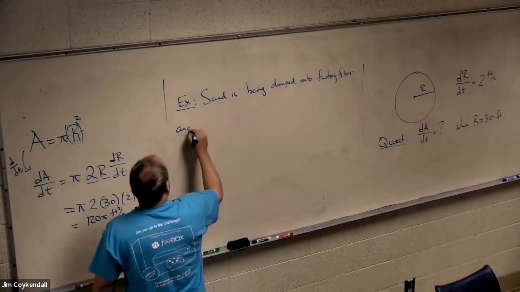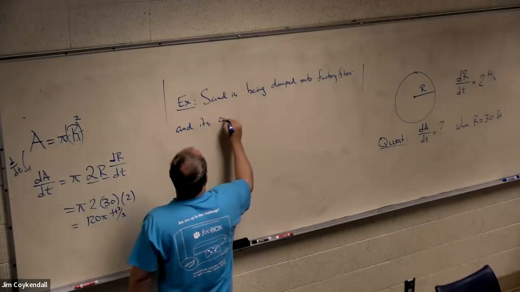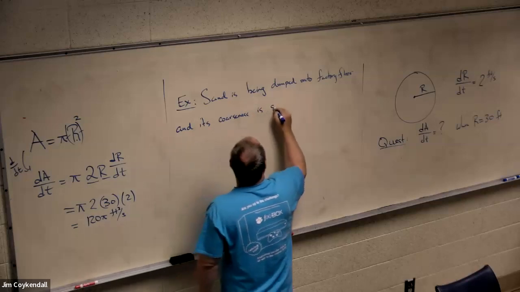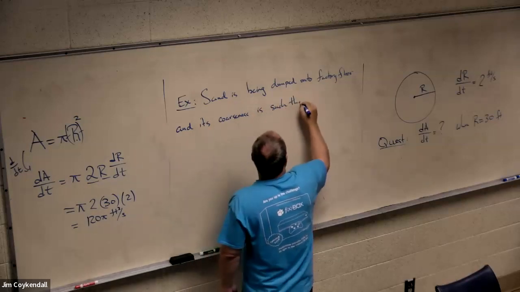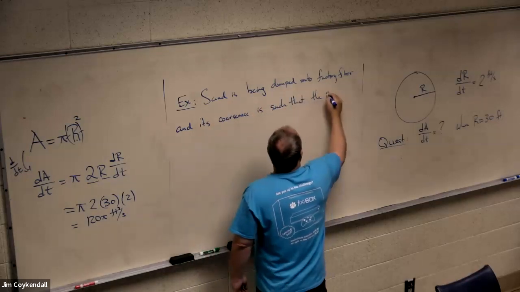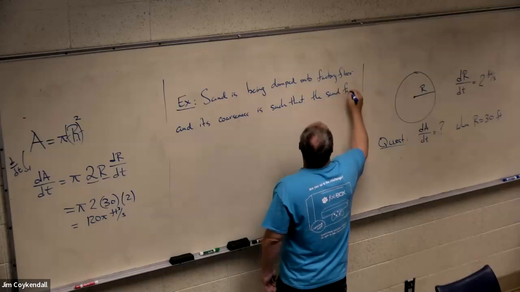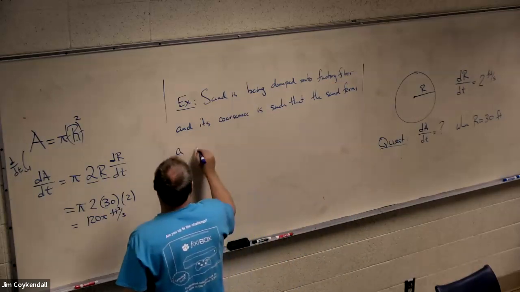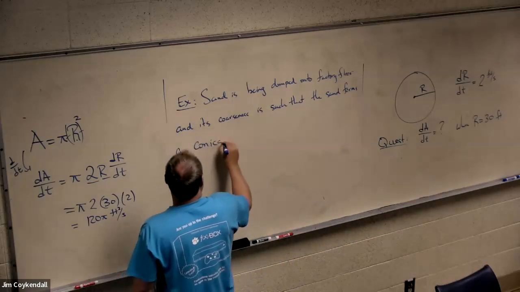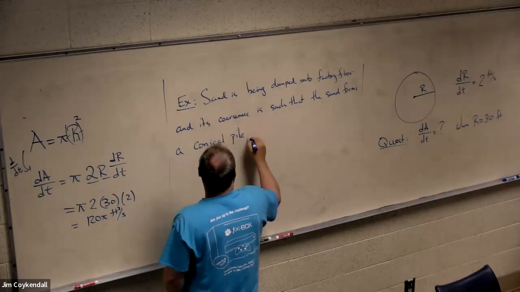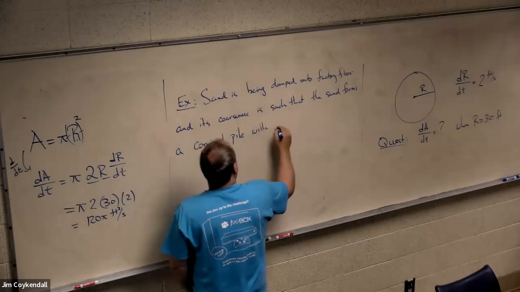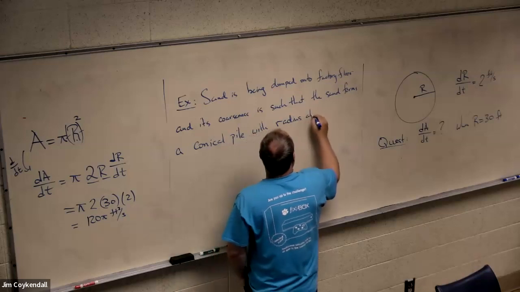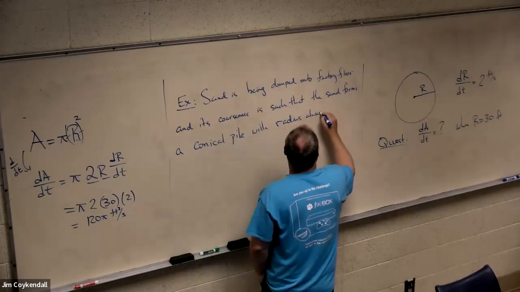And its coarseness is such that sand forms a conical pile with radius always twice the height.